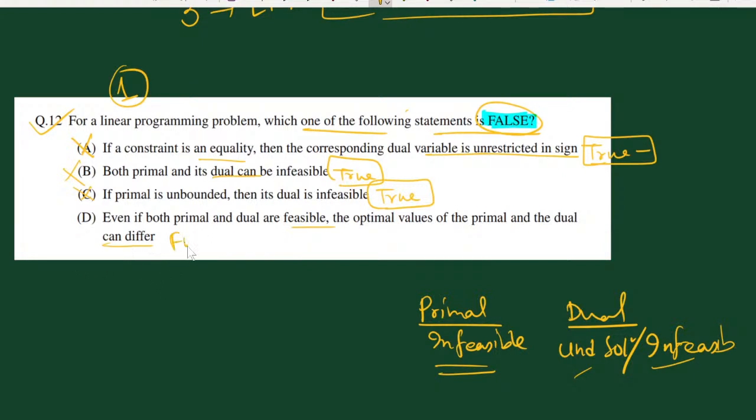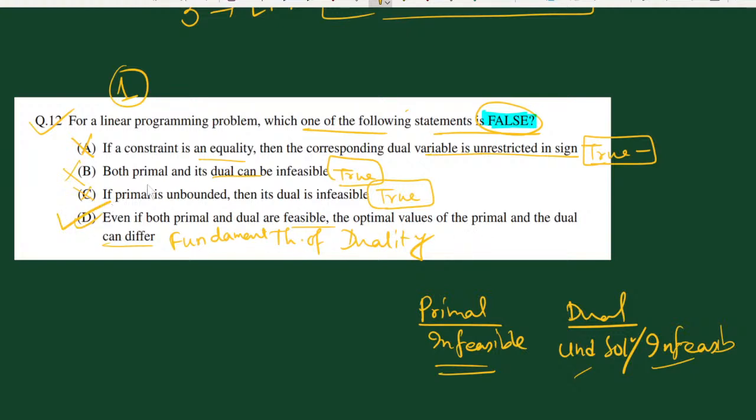This is the fundamental theorem of duality. So this statement violates the fundamental theorem of duality.